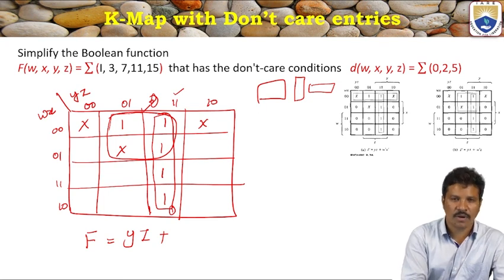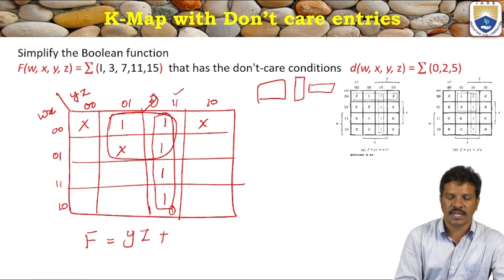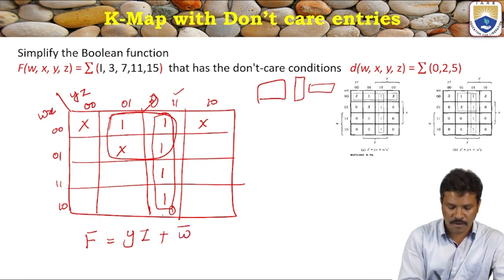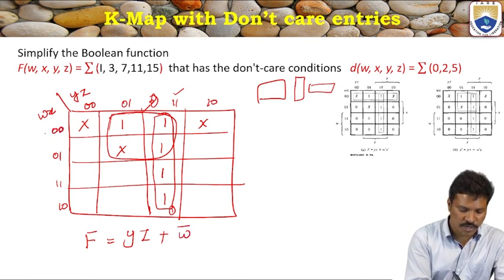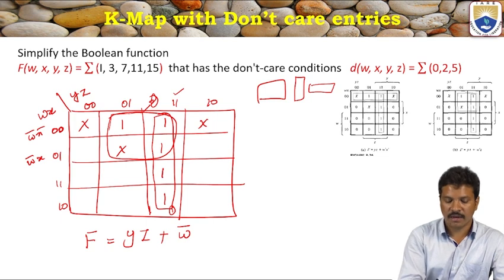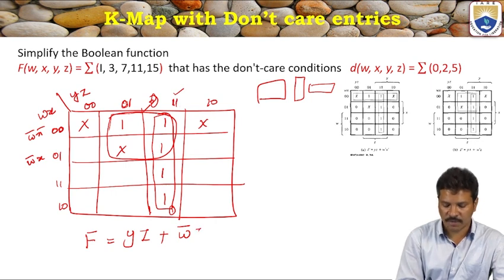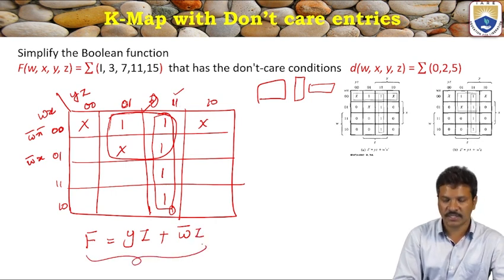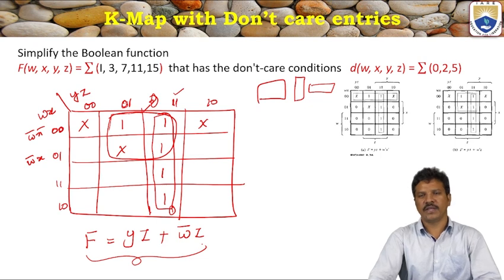What is the common value in horizontal? 0 0, 0 1: 0 is common, means W bar. 0 0 means W bar X bar, 0 1 means W bar X, so W bar is common. And vertically 0 1 and 1 1, so 1 is common, nothing but Z. So F is equal to YZ plus W bar Z. This is the minimized Boolean function, even including the don't care.